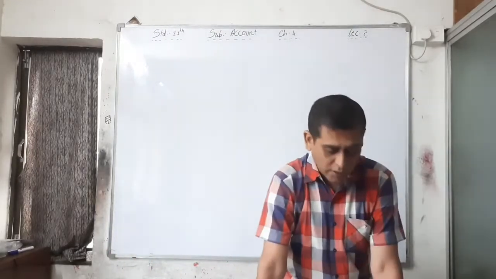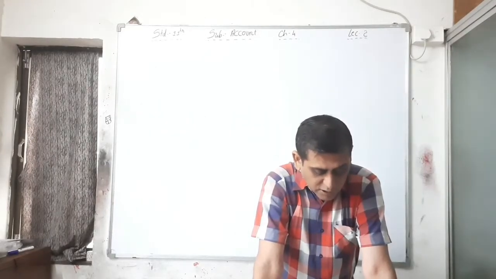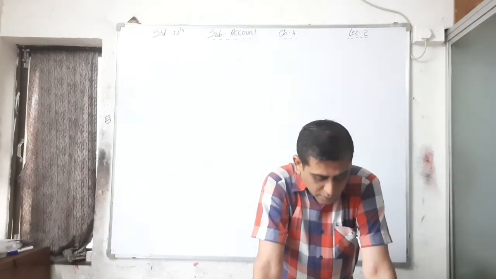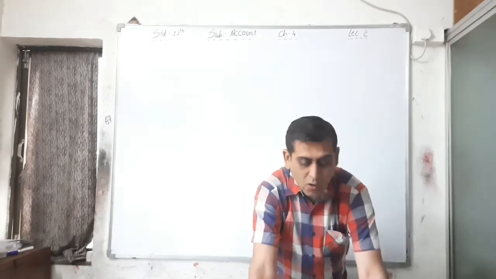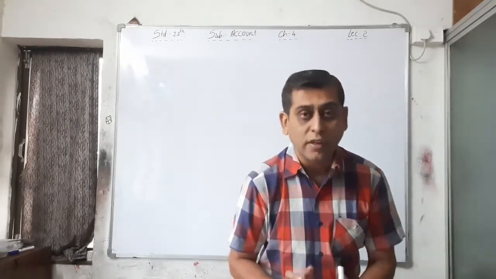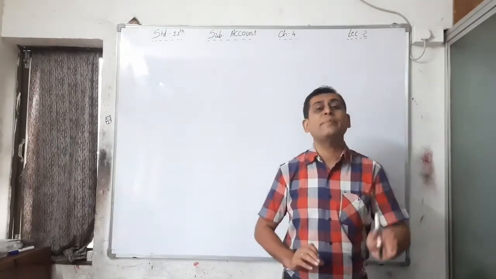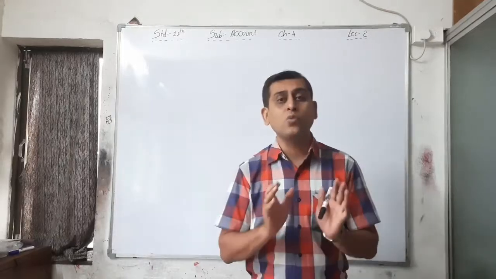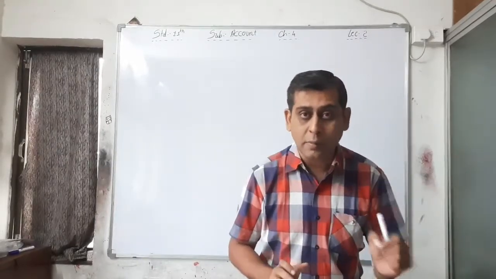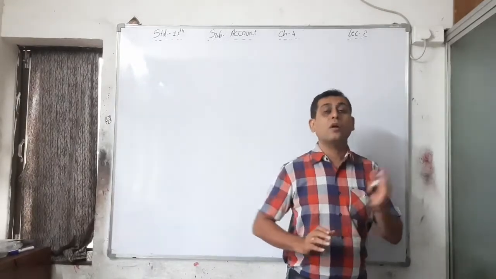So first of all, I am reading the question. Illustration number 3. Ajay has commenced his business with name Awadh Enterprise. See, we have to write journal entries in the books of Awadh Enterprise, not in the books of Ajay. Whenever the firm name is given, we have to take that particular name as a base, not a party name, right? Not an owner name.